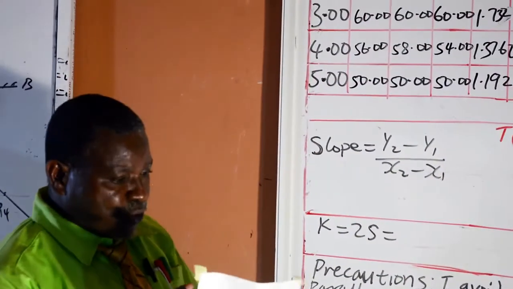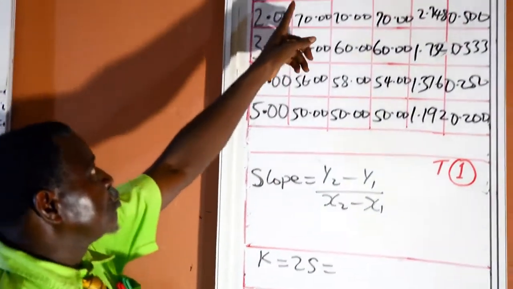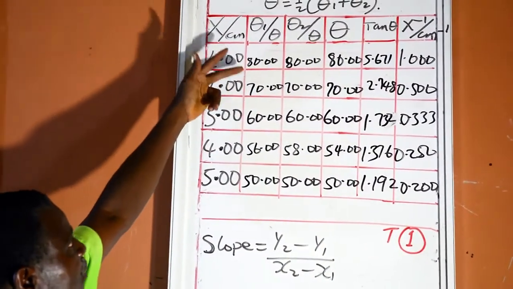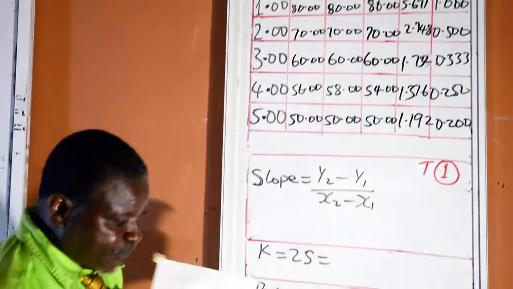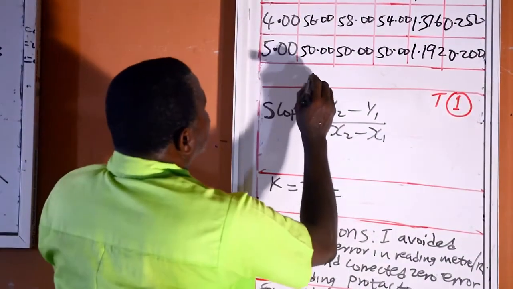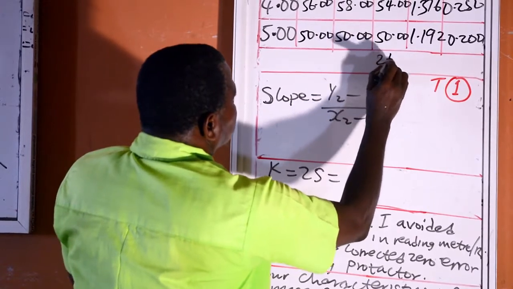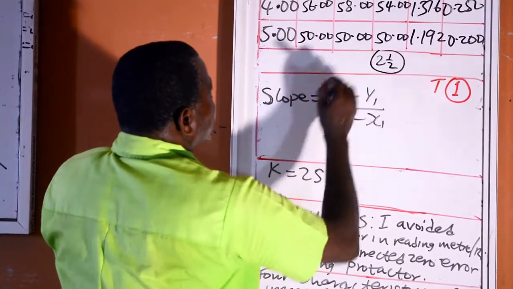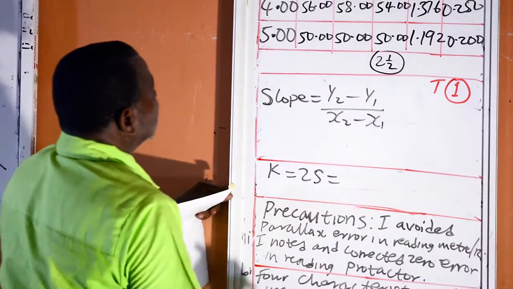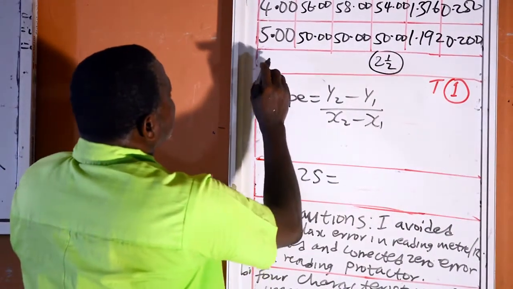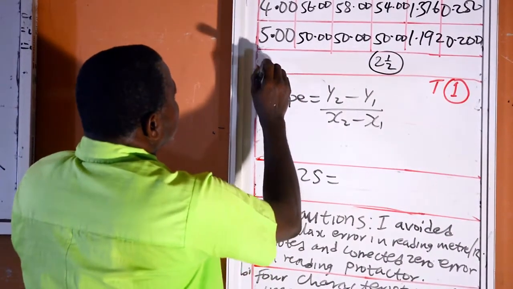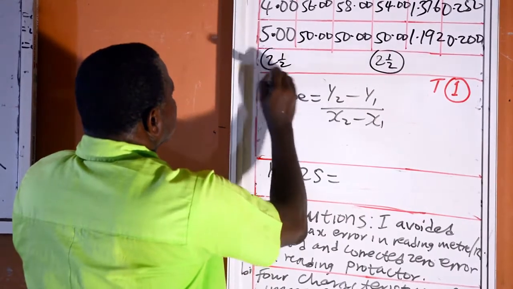The moment you don't submit these traces, you will lose 2.5 marks here, 2.5 marks here for theta. You lose this 2.5 mark. You will lose the mark for this also, 2.5.